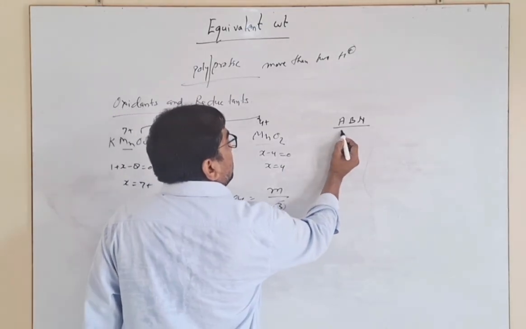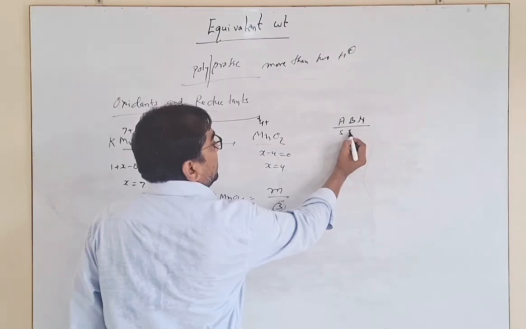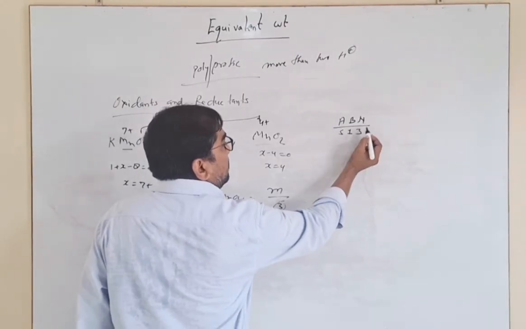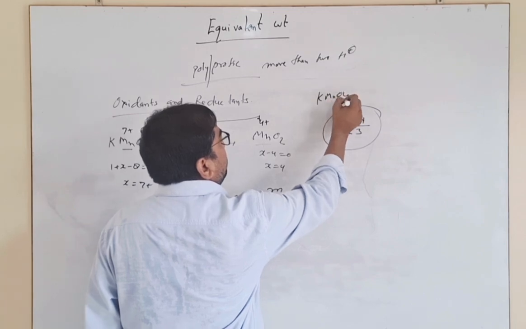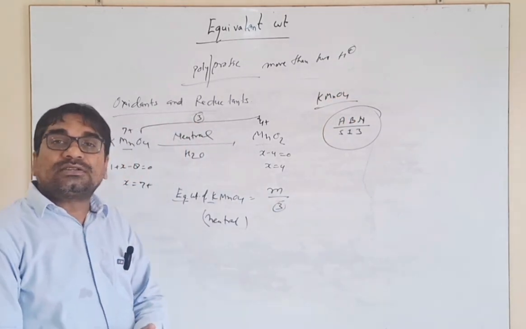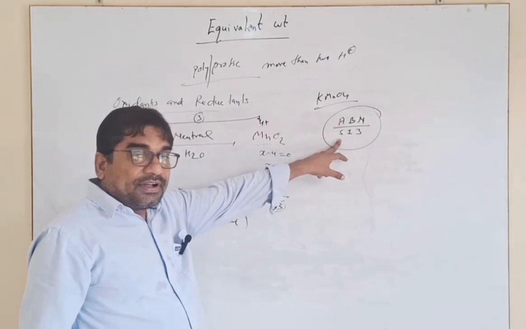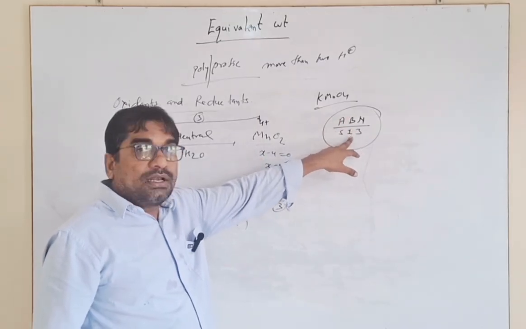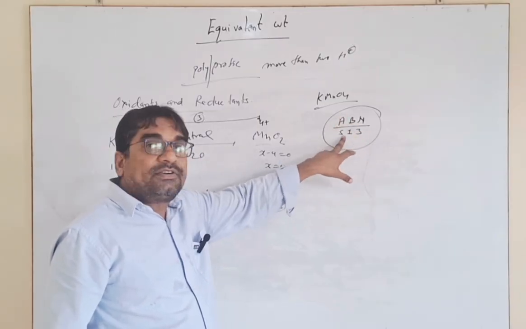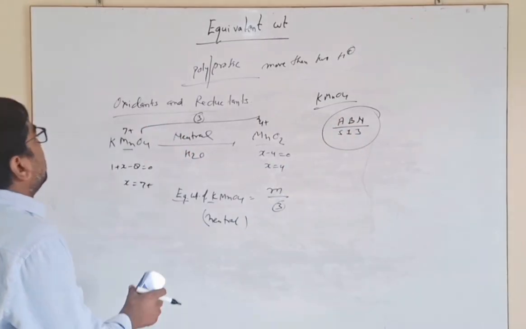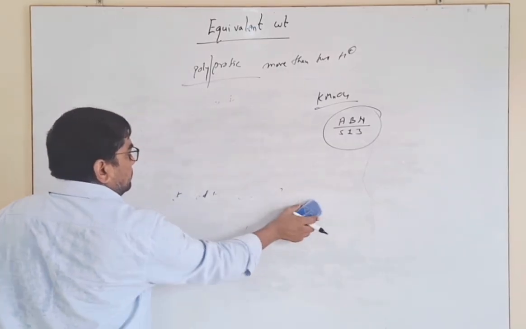In acidic, the equivalent weight is found by dividing the molecular weight by 5, in basic by 1 and in neutral by 3. So KMnO4 equivalent weight will vary from reaction to reaction under different conditions. In acidic, divided by 5, in basic divided by 1 and in neutral divided by 3, that is ABN, 5-1-3. So easily you can learn about the equivalent weight of KMnO4.